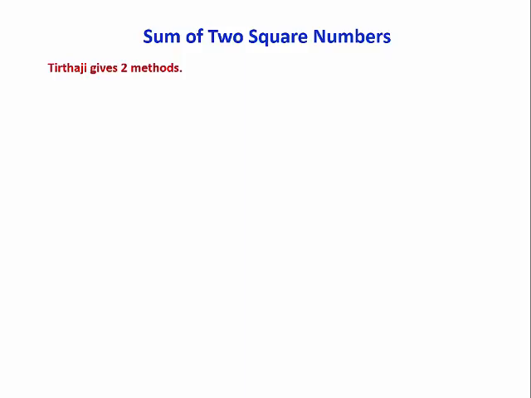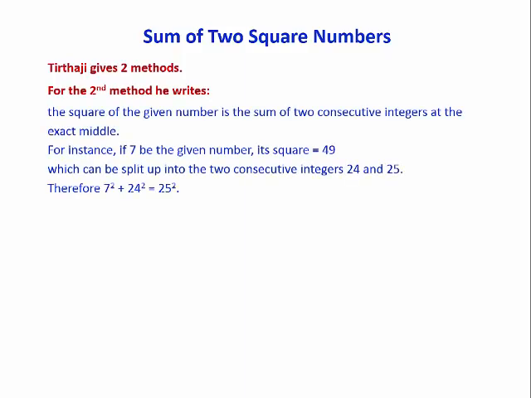And in the second method he writes, the square of the given number is the sum of two consecutive integers at the exact middle. For instance, if 7 be the given number, its square is 49, which can be split up into two consecutive integers, 24 and 25. Therefore, 7 squared plus 24 squared equals 25 squared.